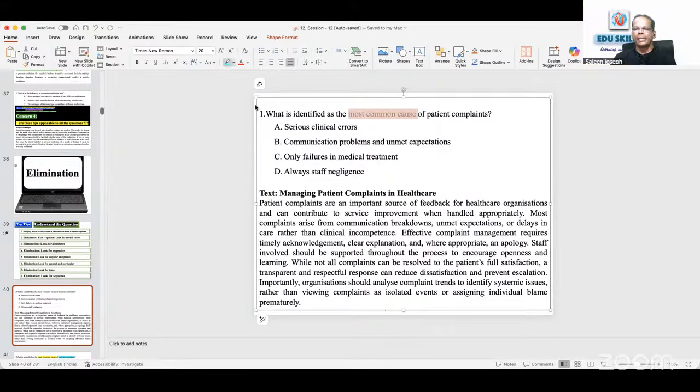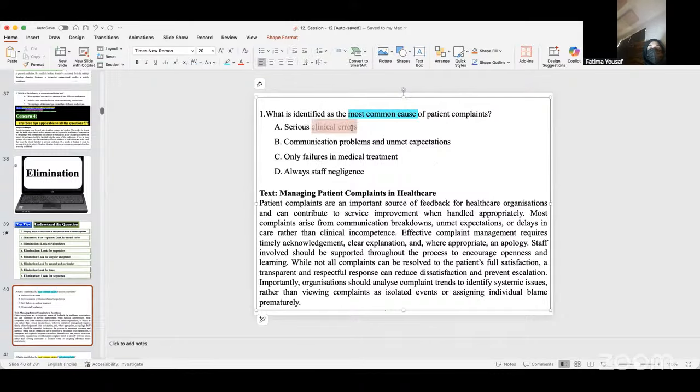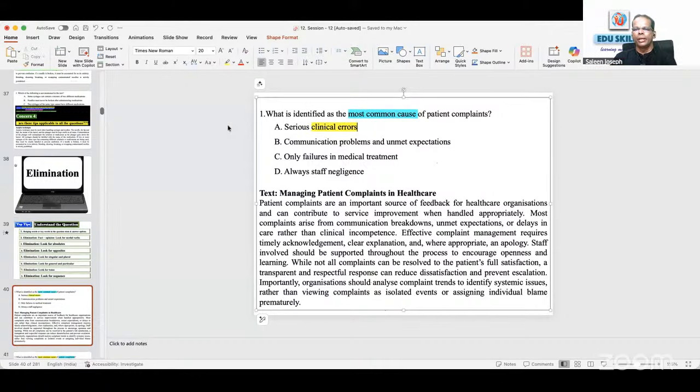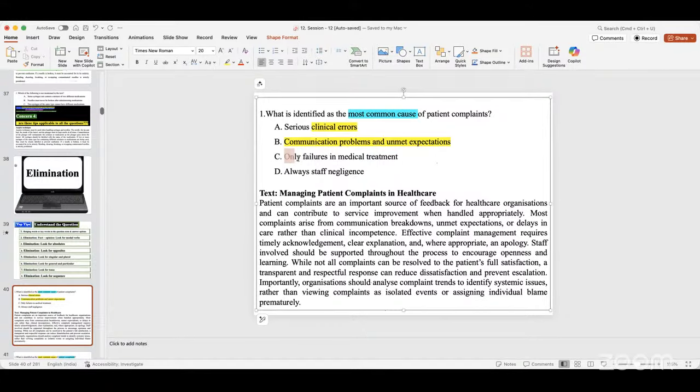Option A, serious clinical errors. Clinical errors. Option B, communication problems and unmet expectations. Both will have to be highlighted. Option C, only failures in medical treatment. Medical failure.